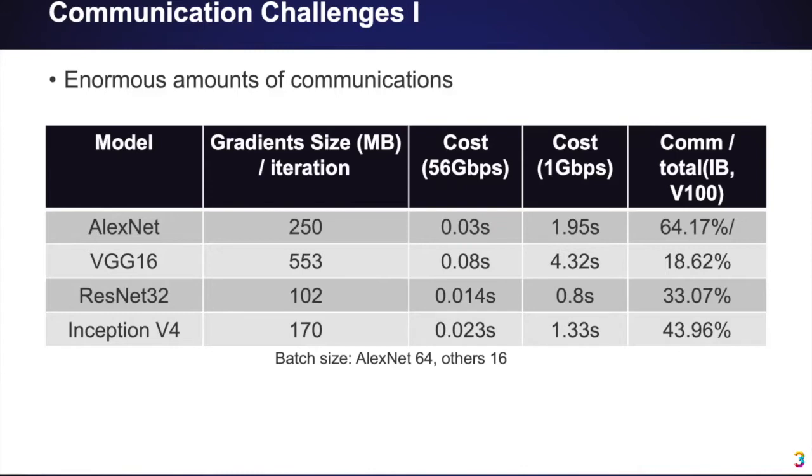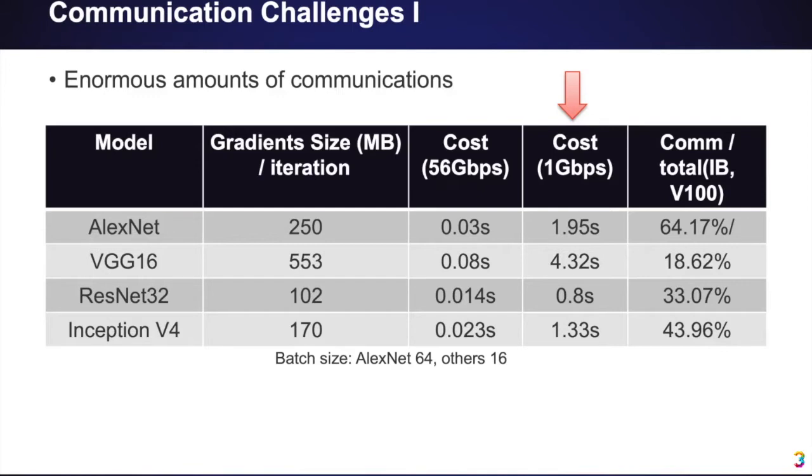This table presents the gradient size per iteration of 4 widely used neural network models and the cost of transferring those gradients over different networks. If training those models in the low-profile environment, which mostly use Ethernet, it takes seconds to exchange gradients for each process.